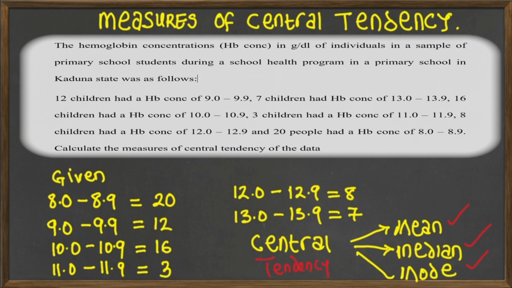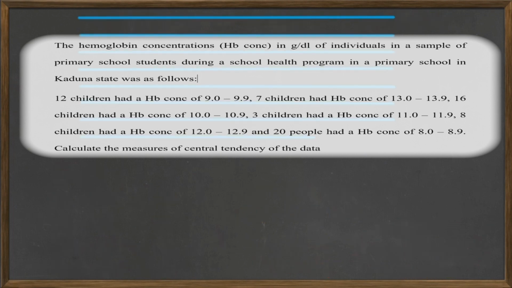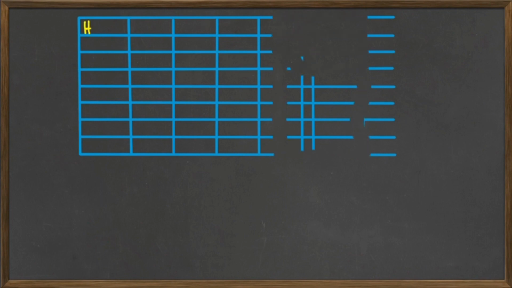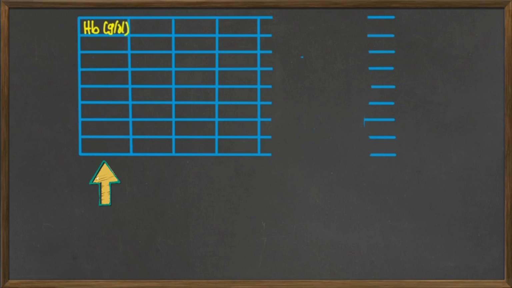All right. So the next thing we'll need to do is to put this data that we have in a table. I'll just quickly draw up a table. So with this table, we will first use the first column as the HB level, and this is in grams per dl.